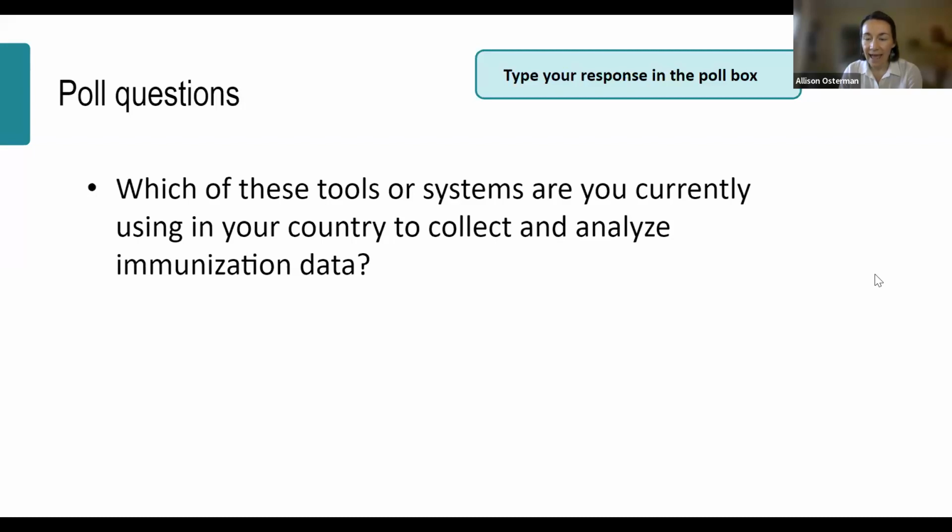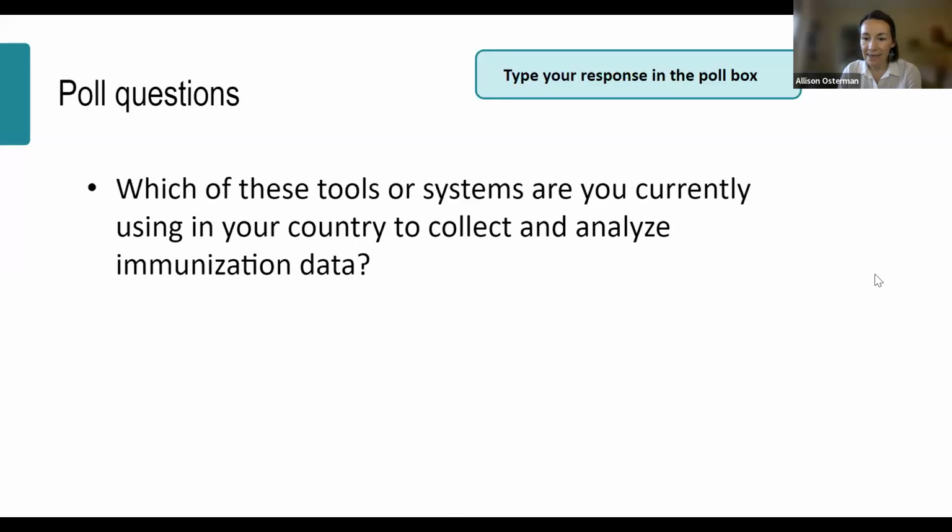And next in line in terms of frequency, monitoring charts and data dashboards, 46%. EIRs, electronic immunization registries, 42% of you said that you're using this kind of system, and 42% using home-based records.